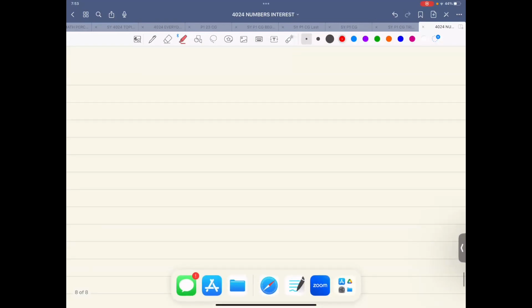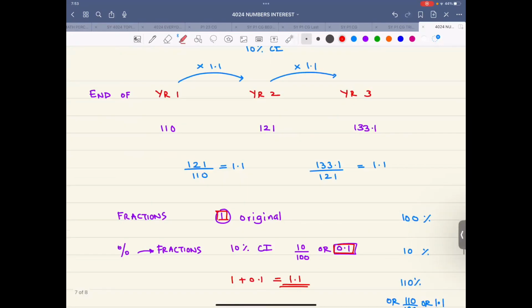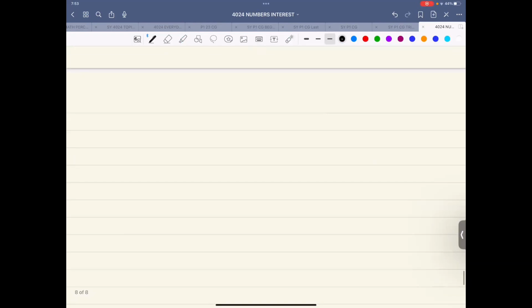Now, let's go and apply this formula over here, as we have done over here, where a $100 investment at the end of 3 years is becoming 133. Let's see. Now we are using this formula.